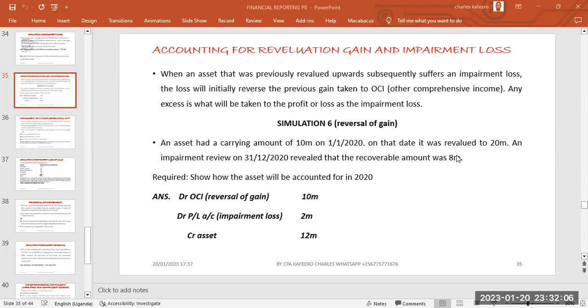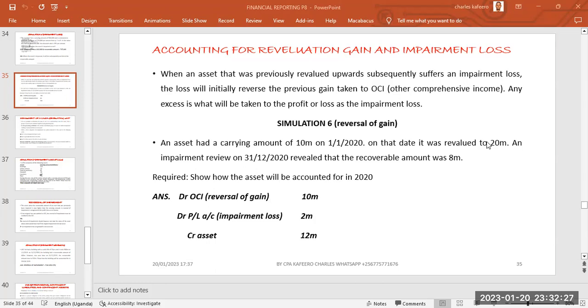And they are saying that an impairment review on 31st December 2020 revealed that the recoverable amount was 8 million. The requirement says show how the asset will be accounted for in 2020.